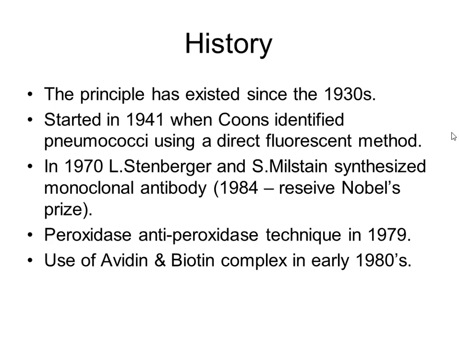Sternberg and Milstein synthesized the first monoclonal antibodies in the 1970s, and for that research, in 1984 they received the Nobel Prize. The peroxidase and anti-peroxidase technique started to be used in 1979. Use of the avidin-biotin complex began in the early 1980s.